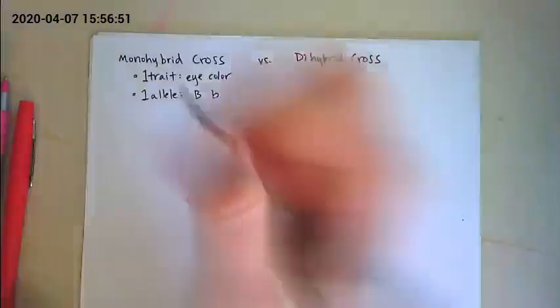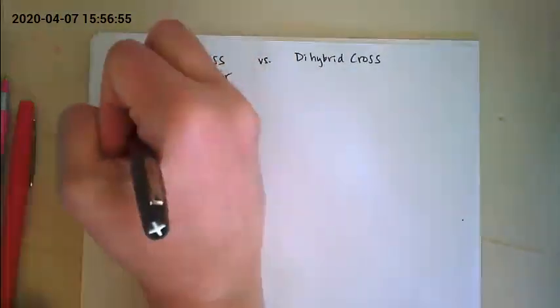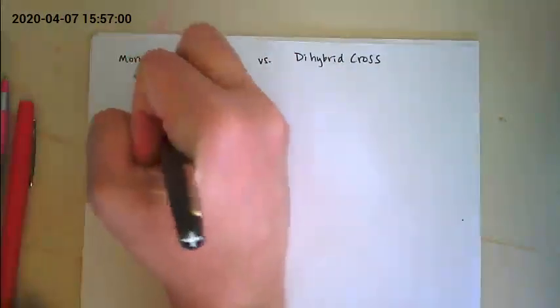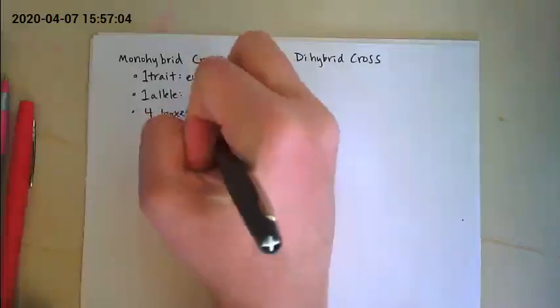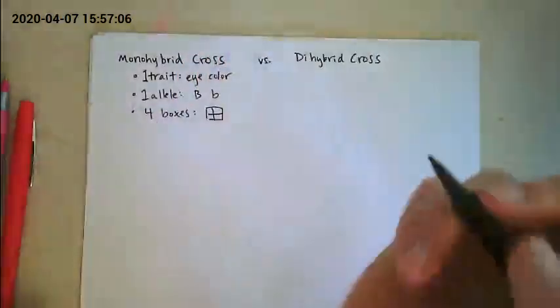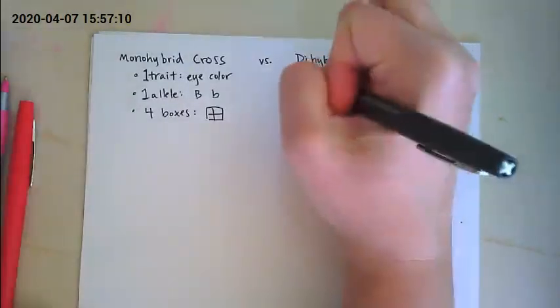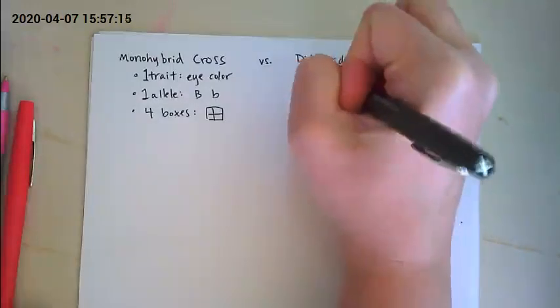It could have been uppercase or lowercase, but just one letter type because we only had one trait. Those crosses were done in a Punnett square, and we used just 4 boxes.